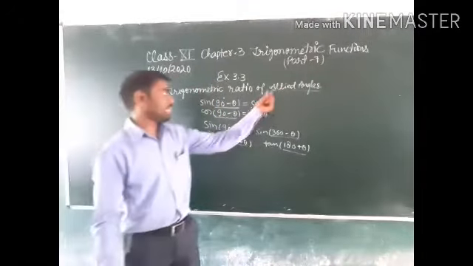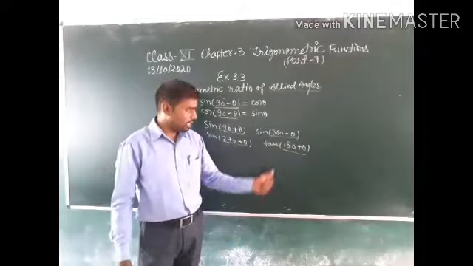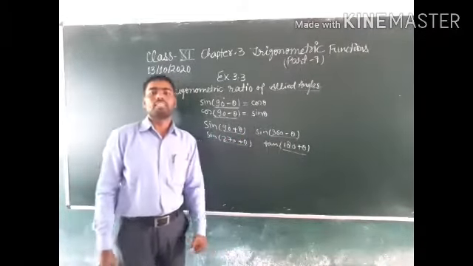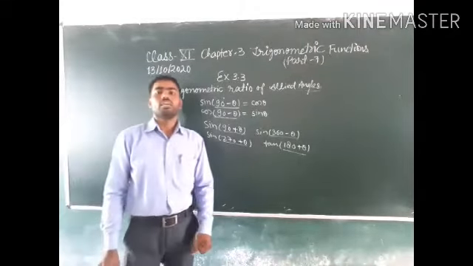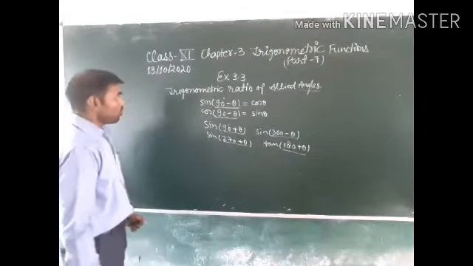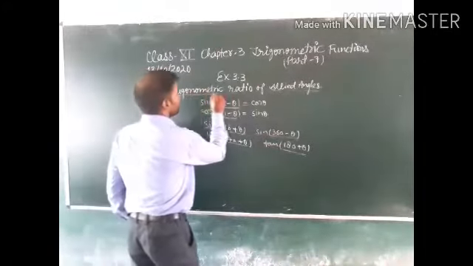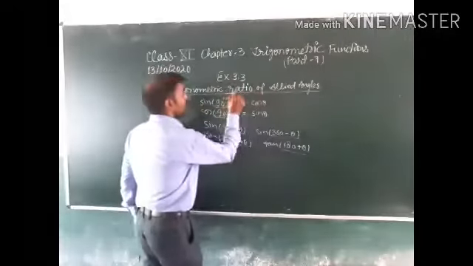The meaning of allied angle is 90 plus theta, 270 plus theta, 360 minus theta, tan 180 plus theta, sec 180 plus theta, sec 90 minus theta, cosec 270 minus theta. This is trigonometric ratio of allied angle.